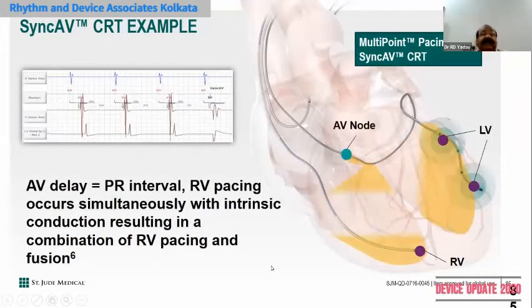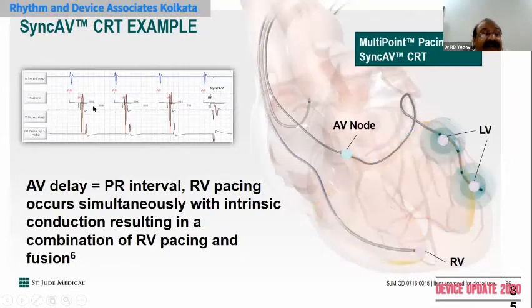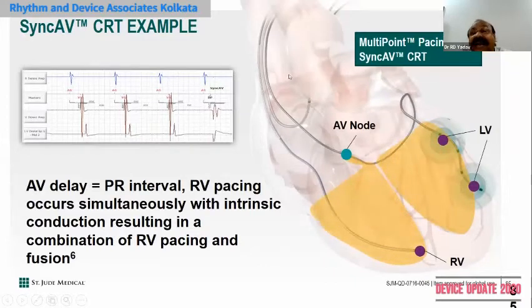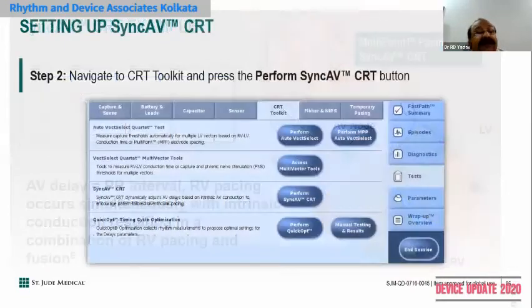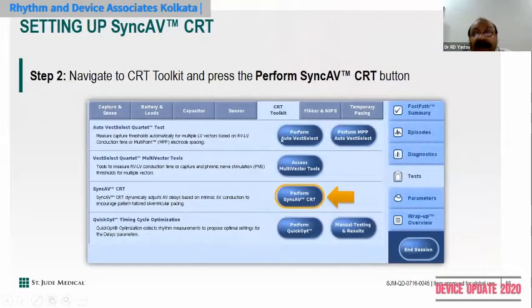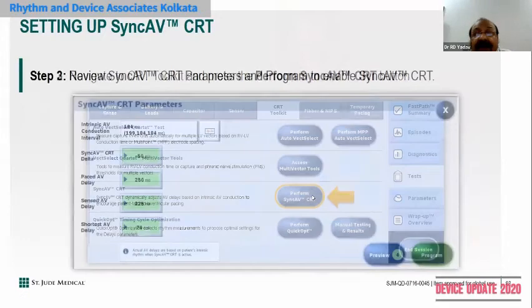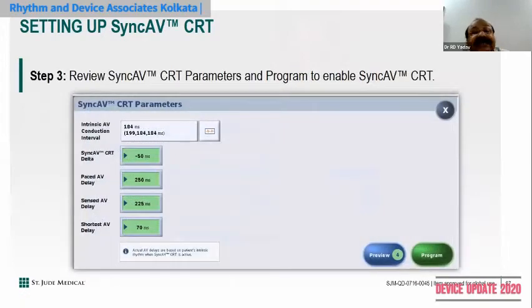And if you see the SyncAV CRT, here 3 beats of conduction measure the intrinsic AV interval, and then SyncAV starts, and SyncAV will do the minus delta decrease, the delta that is either 50, 60, whatever you keep, and that causes the simultaneous contraction of both the RV and the LV. So this is how you perform SyncAV CRT, and you put the delta and measure the ECG, QRS, and where it is narrowest, you program that.